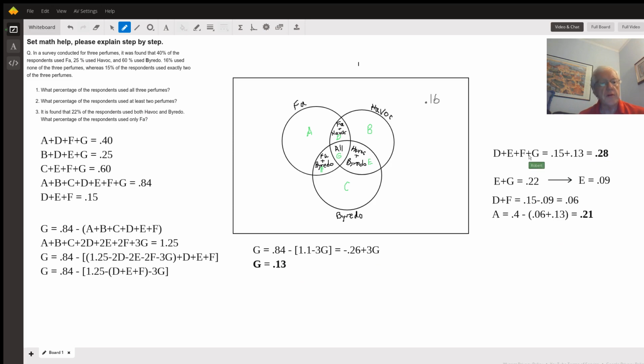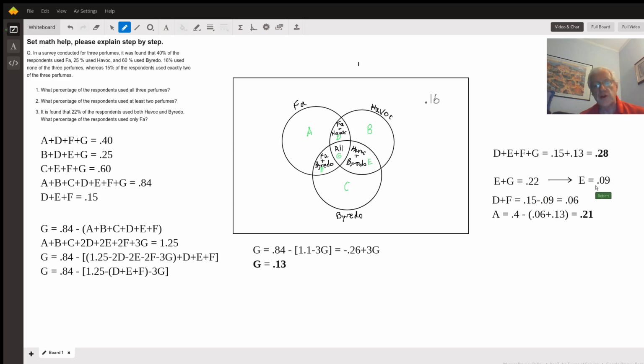Then for the final, you have to realize that those that use both Havoc and Byredo might also be using Fa. It's this oval here, which is E plus G, and that is the 0.22.